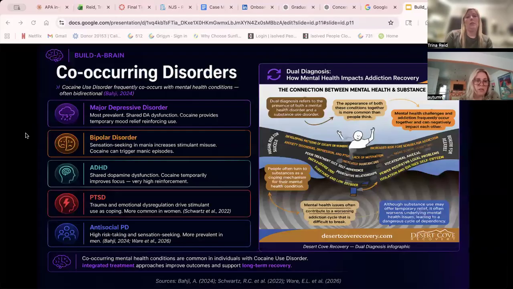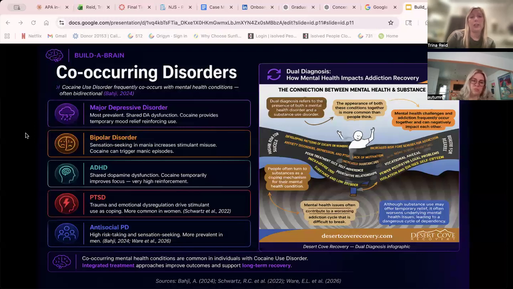The thing is, cocaine use disorder rarely occurs alone. It's most prevalent, driven by shared dopamine dysfunction. ADHD is notable because cocaine temporarily improves focus. Any stimulant generally helps improve focus when someone has ADHD, creating very high reinforcement.